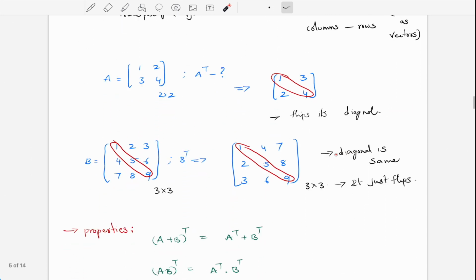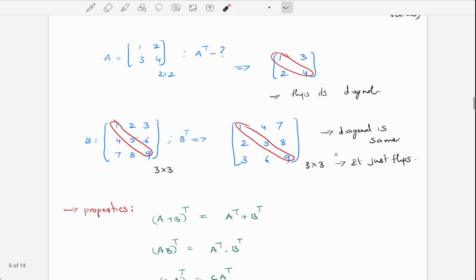Here is a better example. We have seen 2 by 2 matrices, but we didn't see 3 by 3 matrices, right? As I said, it just flips its diagonal. There is nothing special out there. The 5, 6, 9 is the diagonal, so it remains the same, and the other values just change: coming down here and going up there.